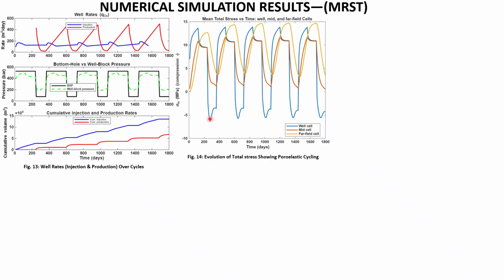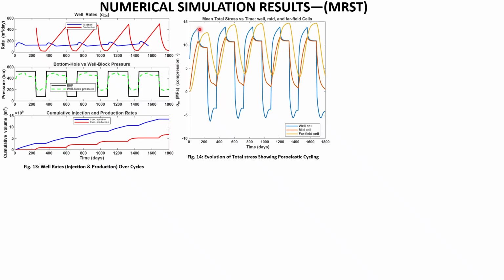We see that the well cell experiences the most intense pressure changes. During injection, we see the stress moves up from about -7 megapascal, which was compression, up towards +12 to +13 megapascal, which you can see in that slight increase there.